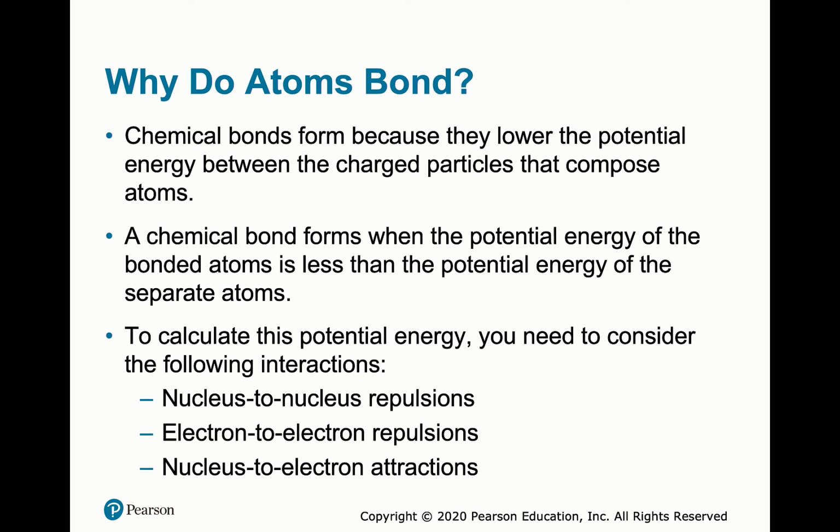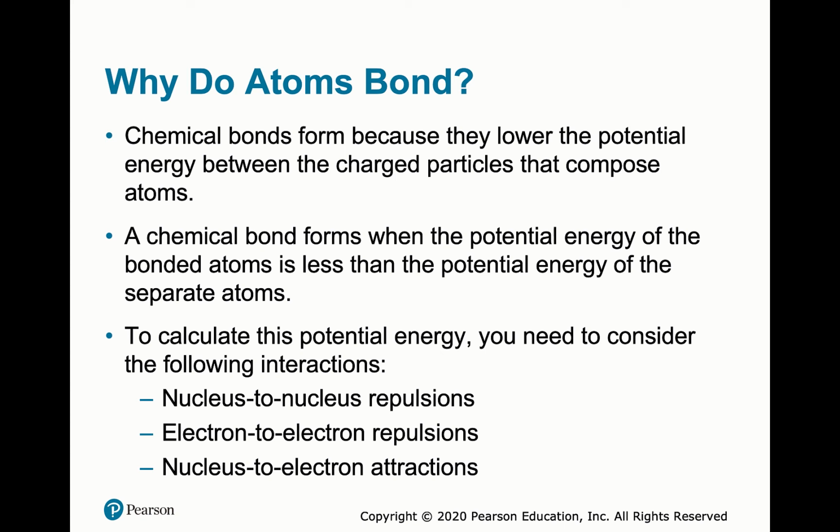But in order to calculate this, there's the repulsion between the nuclei. Nuclei are positively charged, and when things bond, the nuclei are close together. So the nuclei repel. The electrons themselves repel. What keeps it together is the positive nucleus and negative electron cloud, the attraction between them.